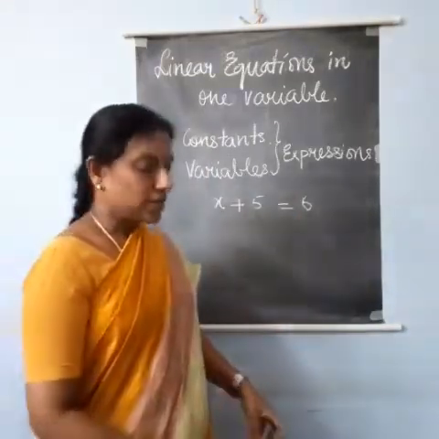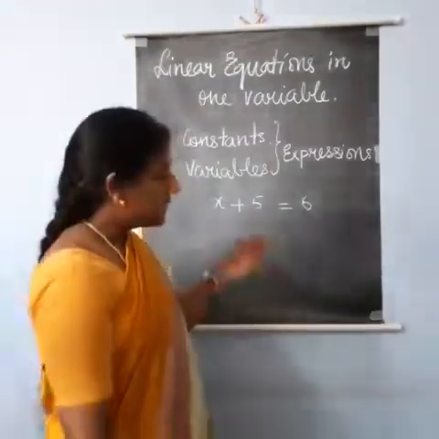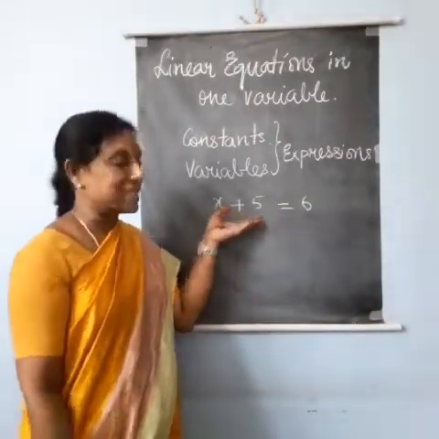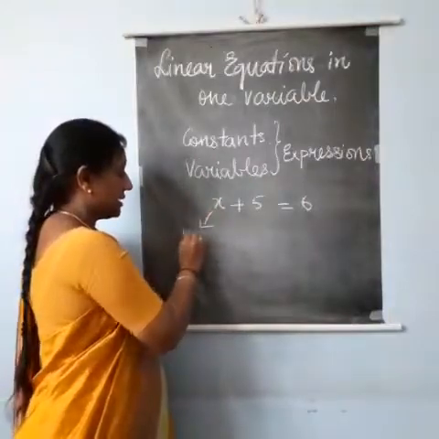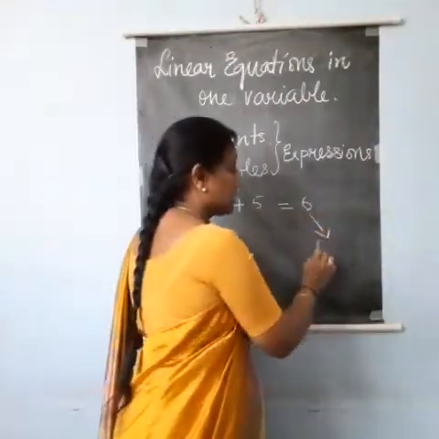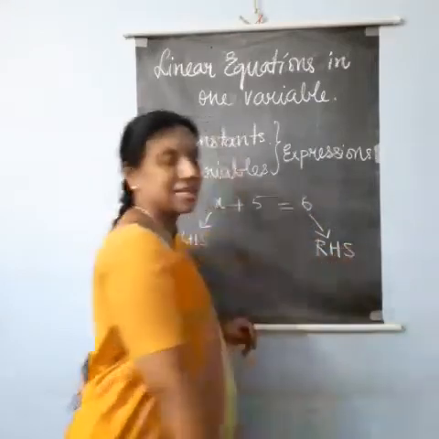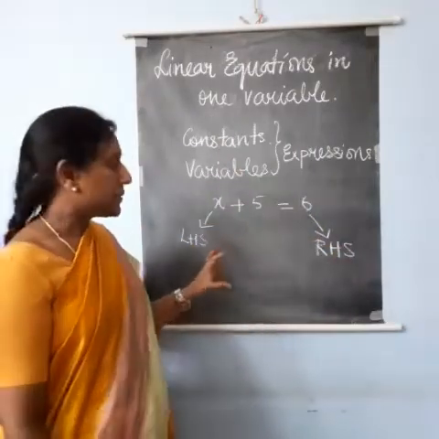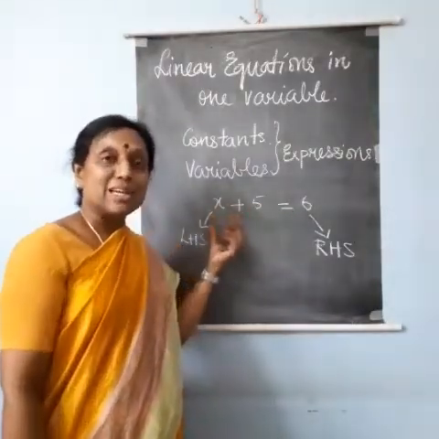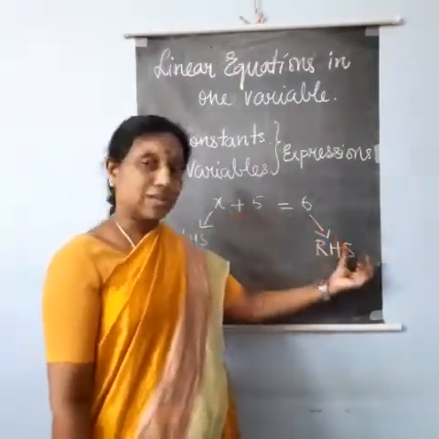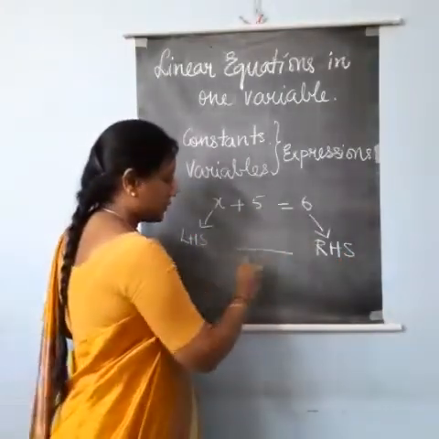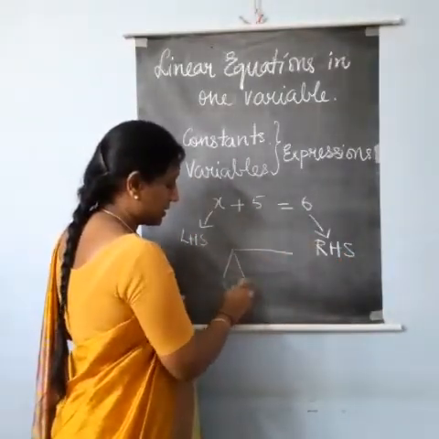Okay. So, this side of the equation is called the left hand side. What is this called? Left hand side of the equation. And what is this called? The right hand side of the equation. Equal means the left hand side is equal to the right hand side. You can think of a balance. You know, you have these balances when you're buying vegetables in those days.